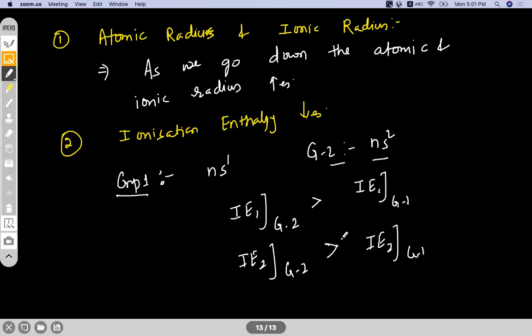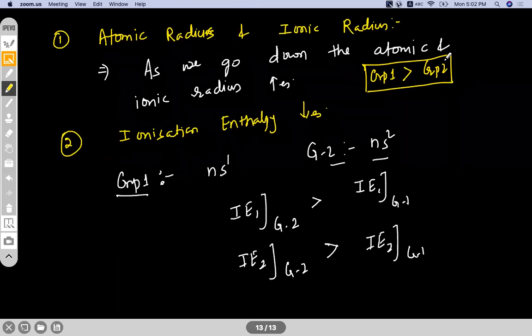Okay. Even if you talk about the ionic size, the ionic size of group 1 element is more than that of group 2. Left to right as we go in a periodic table, we have discussed this in periodic properties, effective nuclear charge increases, ionic radius decreases.